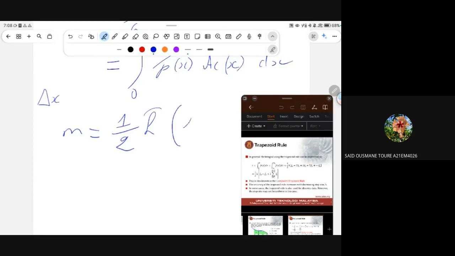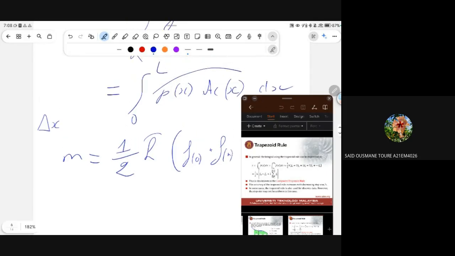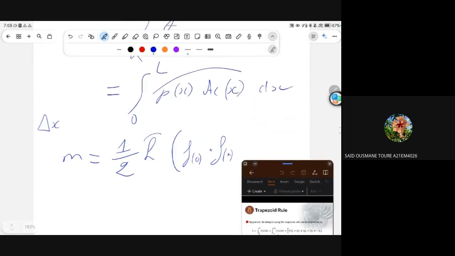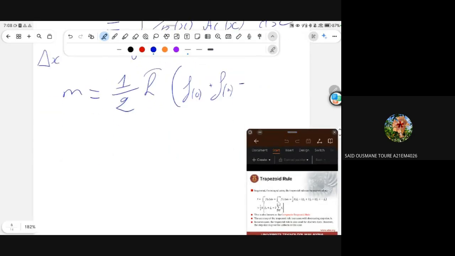Times f of 0 when x equals 0, plus f of n when x equals L, which is the maximum here, plus 2 times f of 1, for example, until just before f of n. So let's say before f of n, we have f of 6 when x equals 6.